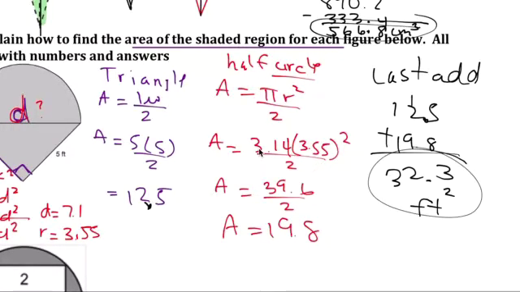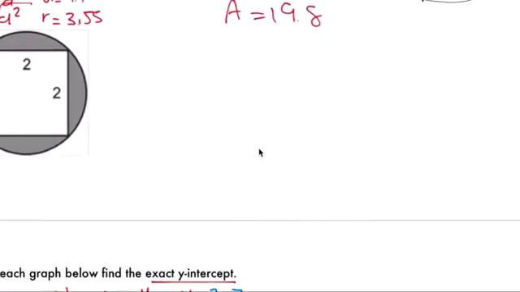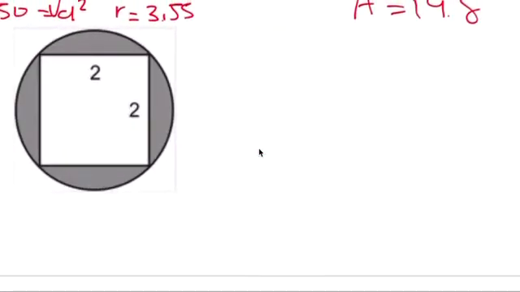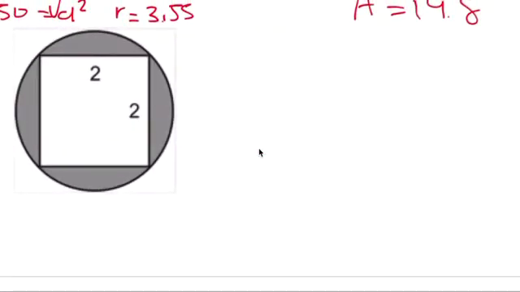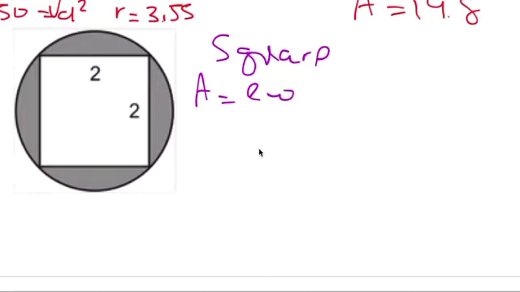Okay, and then here, let's do the square first, area of the square. Area is length times width. 2 times 2 is 4.